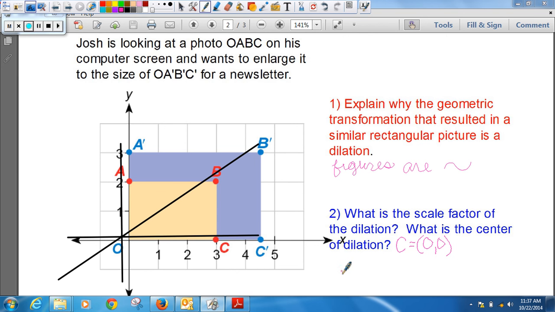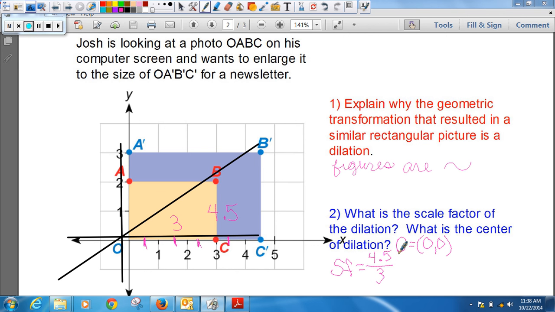My scale factor, if I look here, this side was 1, 2, 3 in the original. In the new one, it's 1, 2, 3, 4, and that looks like 4.5. So to find my scale factor, it is the image over the original, so 4.5 over 3 would be my scale factor.